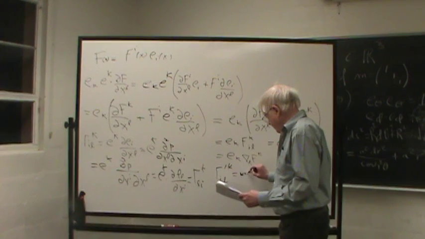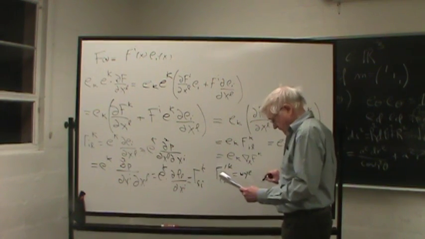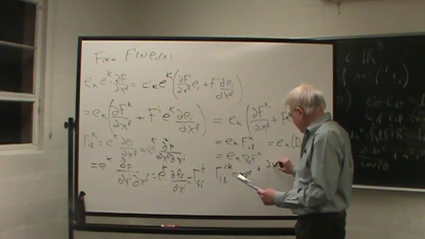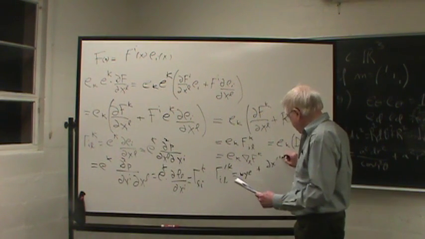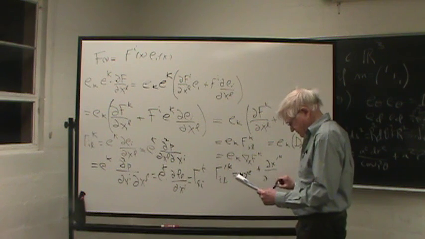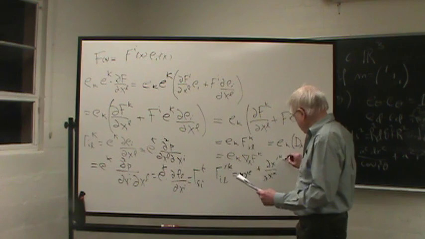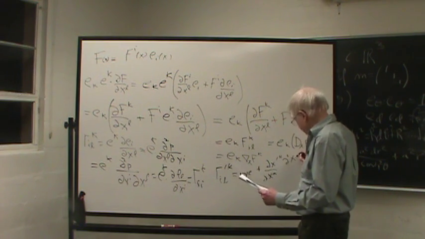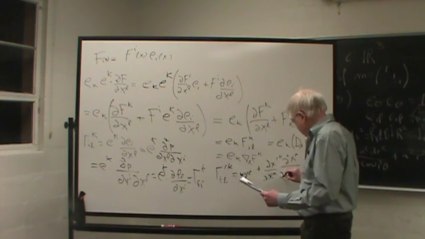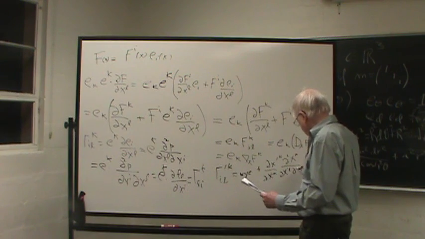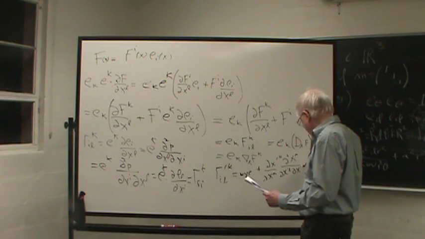So what you'd expect plus an extra term, and the extra term is partial x prime k partial xn, partial 2xn, partial x prime l partial x prime i.